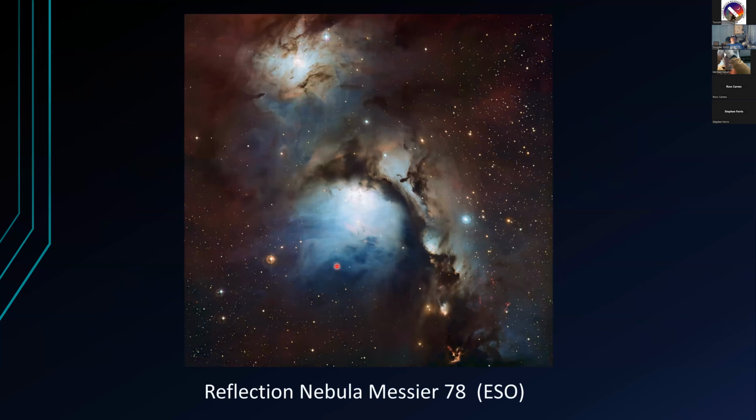As we saw here, there are a lot thicker dust filaments compared to emission nebulas. And so my initial assumption is that a reflection nebula will in many cases progress to an emission nebula over its lifetime as stars are formed within it.